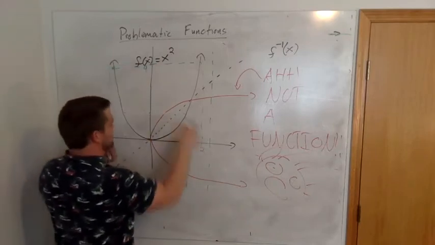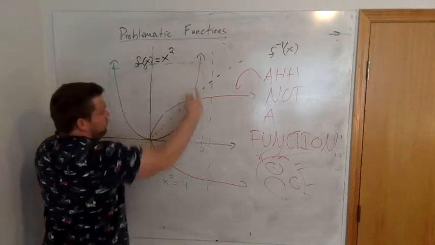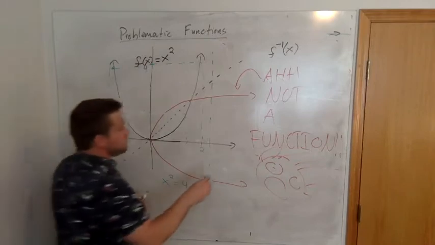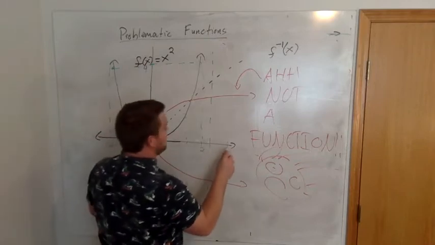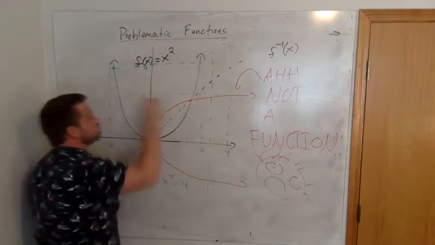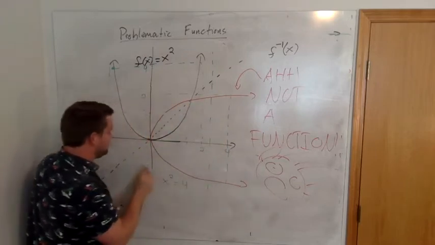If I plug in 4, was it 2 that got me there, or was it -2? If you tried to plug in 4 into the inverse, it's going to say, wait a minute, I don't know whether to tell you 2 or -2.